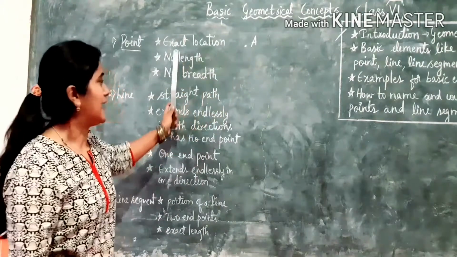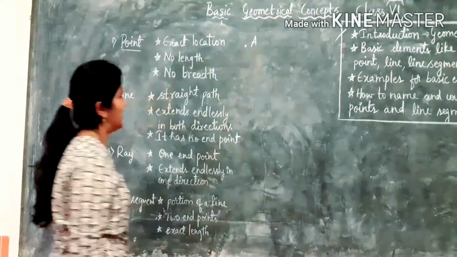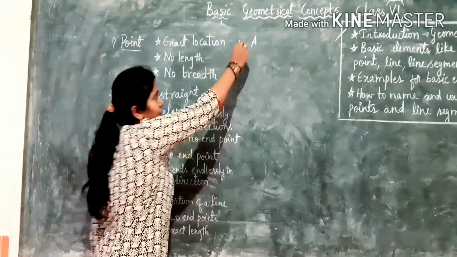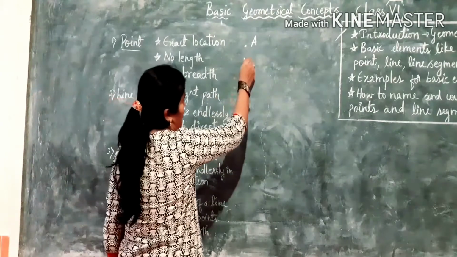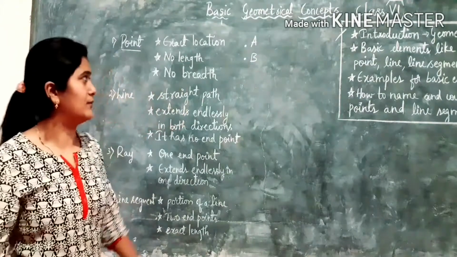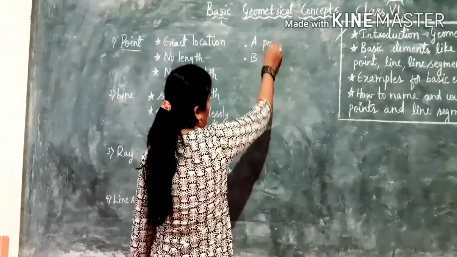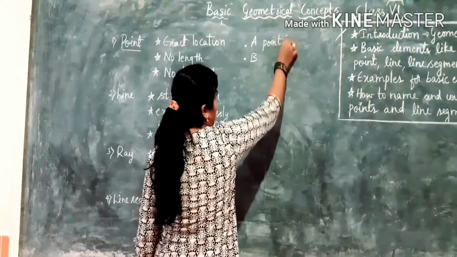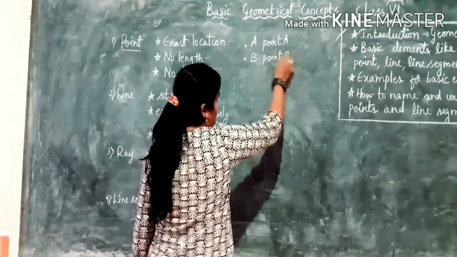Point has got exact location and it does not have any length and it does not have any breadth. So there is one more dot here and this can be represented by the English alphabet capital B, and this can be written as point A and this as point B.